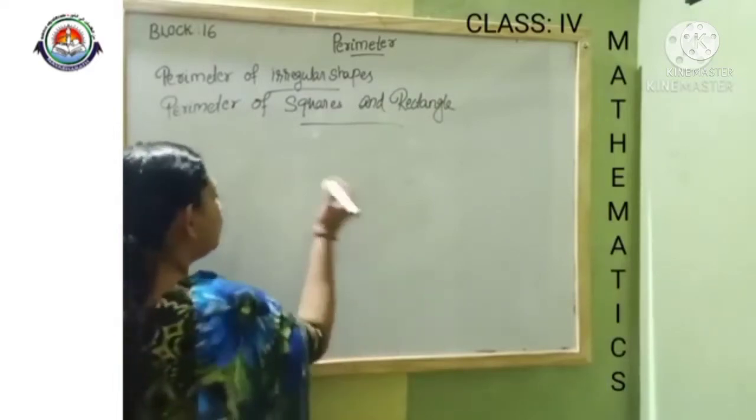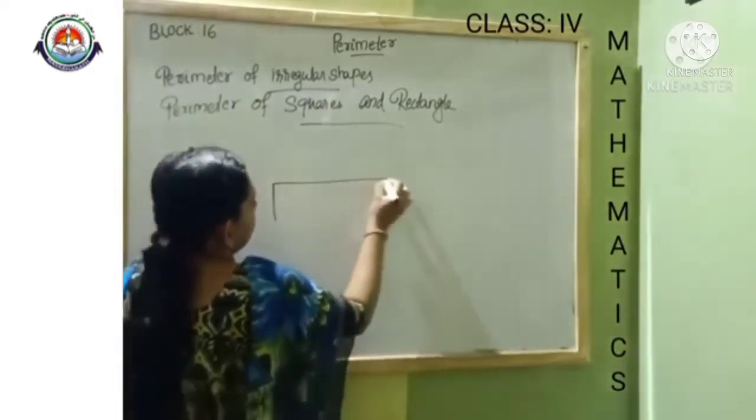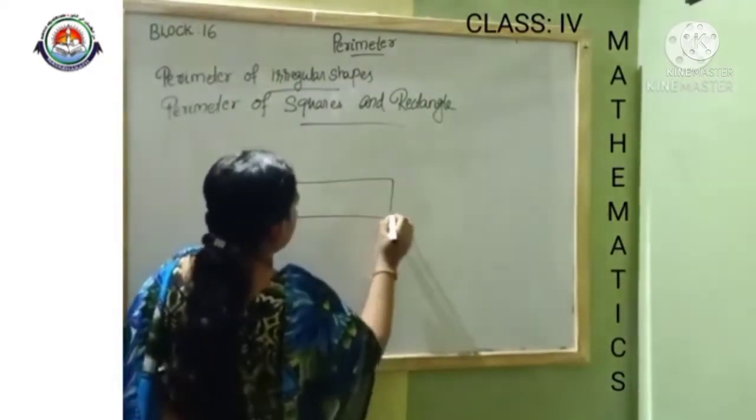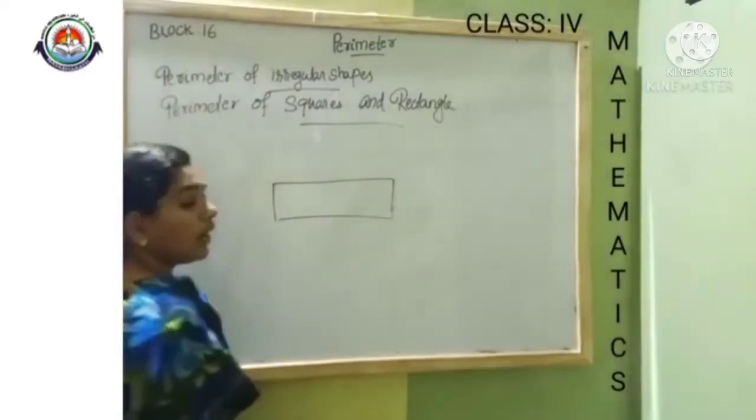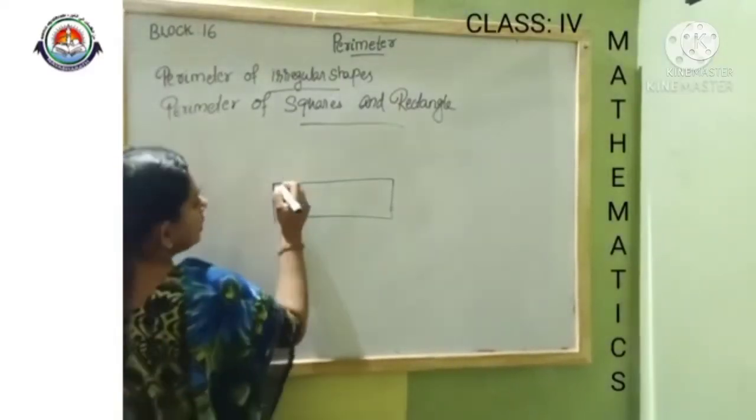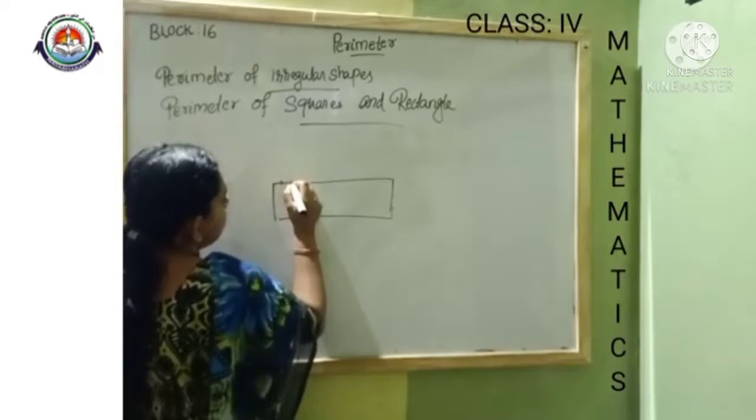So look at that. This is a rectangle shape. How do you find it? We divide it into small one-unit squares.